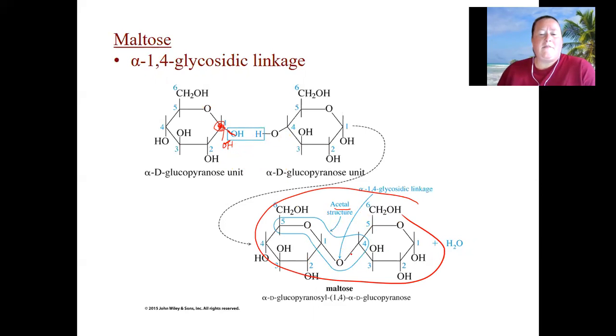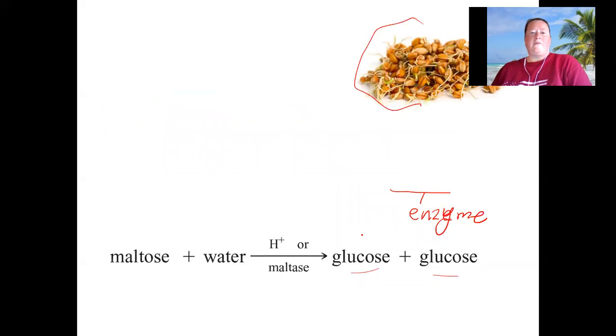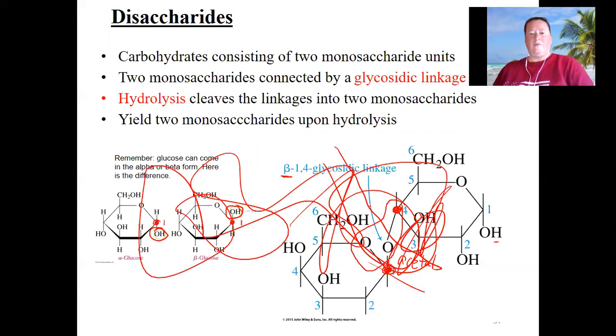Again, not something you'll need to memorize, but the only point of showing you this again is to remind you that depending on the nature of the monosaccharide we're talking about, where this OH is on the number 1 carbon and which carbons are involved with the linkage. So here's the number 1 and the number 4, in the way that linkages are represented.